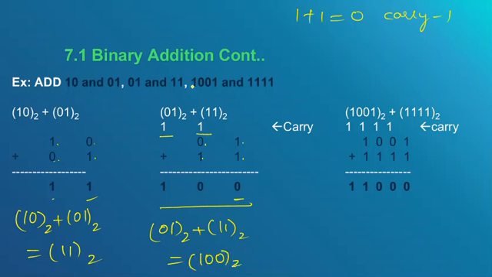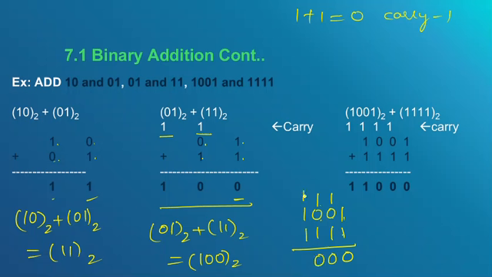Similarly, we'll do it for 4 bits. So 1 0 0 1 1. Let me write it over here, 1 0 0 1, and you are going to add four ones. So 1 plus 1 is 0. You have 1 as the carry. Again 1 plus 0 is 1. So 1 plus 1, again it is 0. 1 is carry. 1 plus 0, again 1. So it is 0.